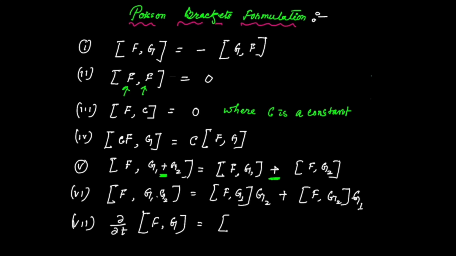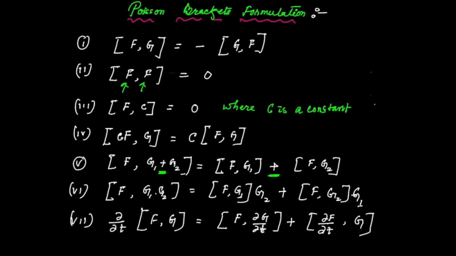That is going to be given by the Poisson bracket of f and del z by del t, plus the Poisson bracket of del f by del t and z. So this is our last relation.